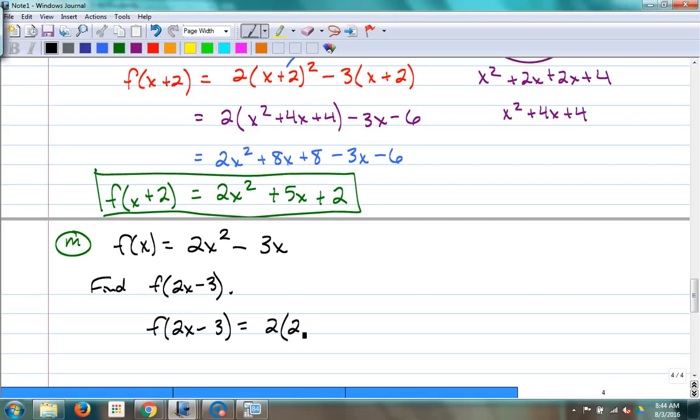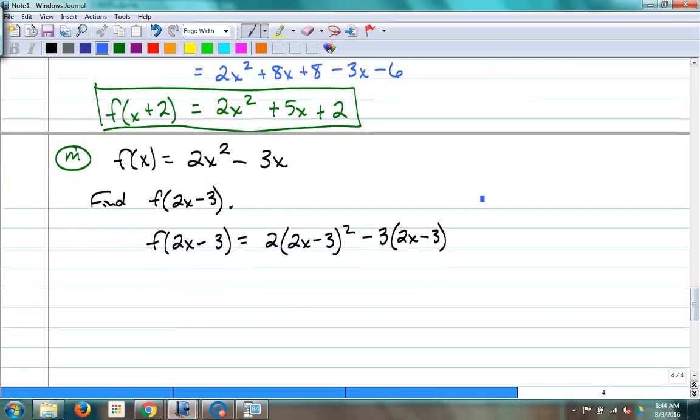2 parentheses 2x minus 3 squared minus 3 times 2x minus 3. You know, I'd go somewhere over on the side and say, well, 2x minus 3 times 2x minus 3 would be 4x squared minus 12x plus 9.